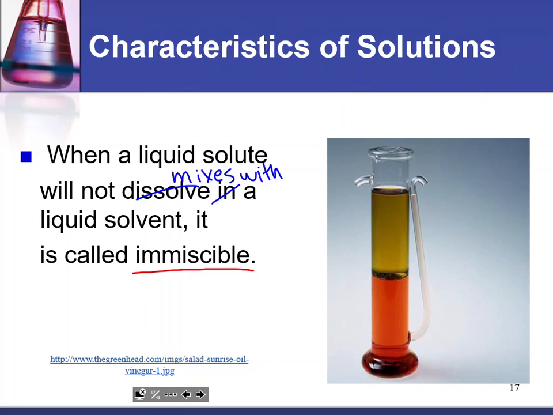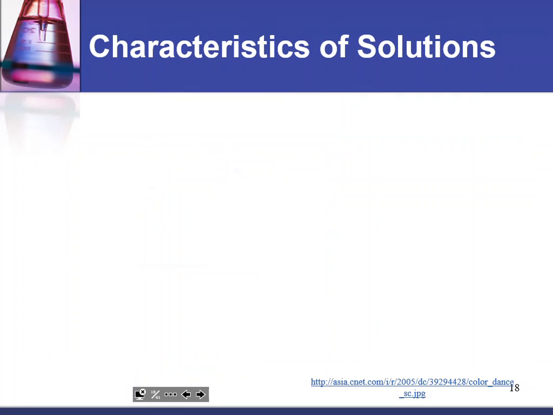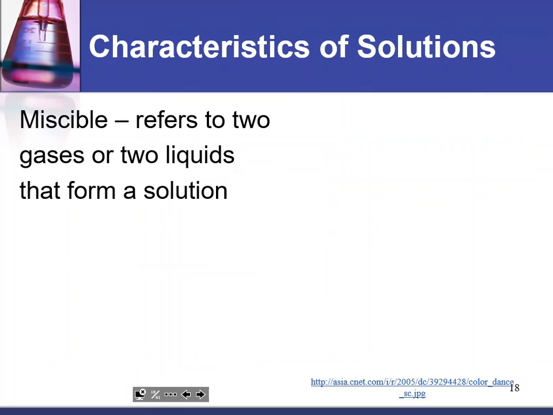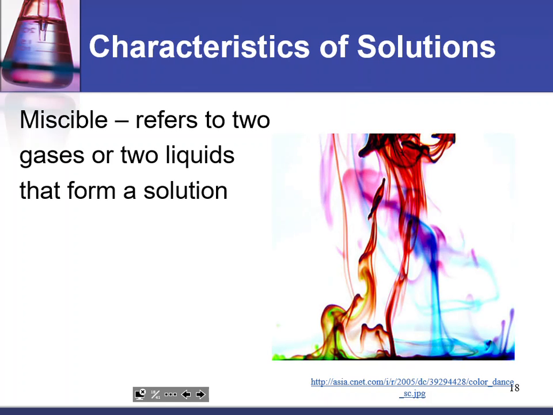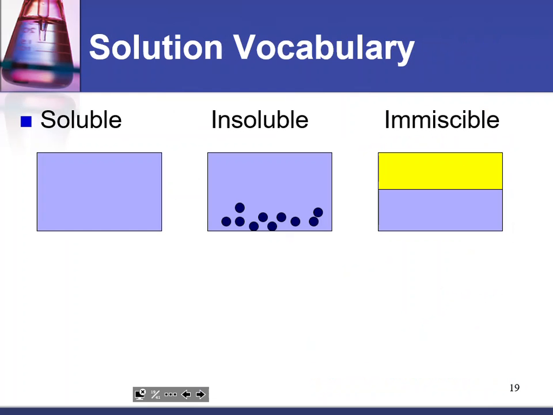Now for our lovely pictures for our boxes. So, the first box, here's another definition of miscible. Remember, it's referring to the mixing of two liquids or two gases. And here showing a lovely picture. Soluble. Basically, it's going to be uniform throughout. So it's like one solid color over here, like Kool-Aid.